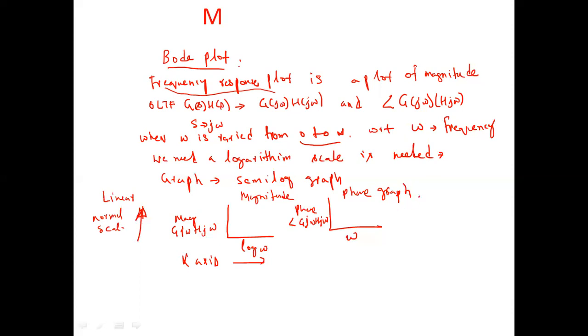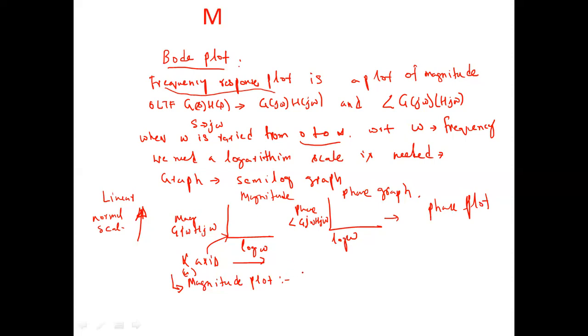So let's go to the other thing. We can say that the magnitude expressed in logarithmic values against logarithmic values of frequency is called the magnitude plot. This graph is the magnitude plot, and this is the phase plot. Again, we have made one mistake here, this should be the logarithmic value.